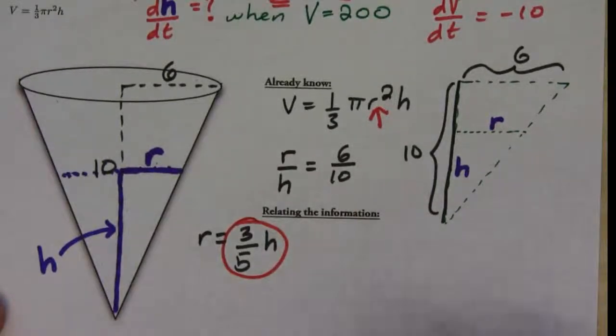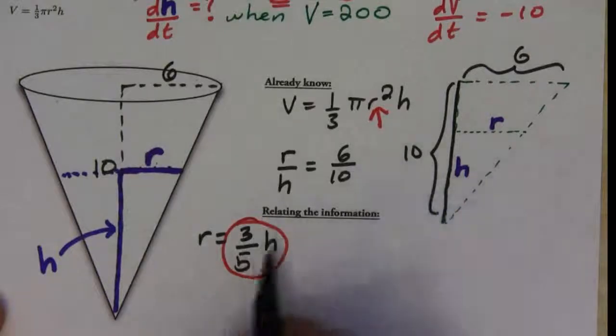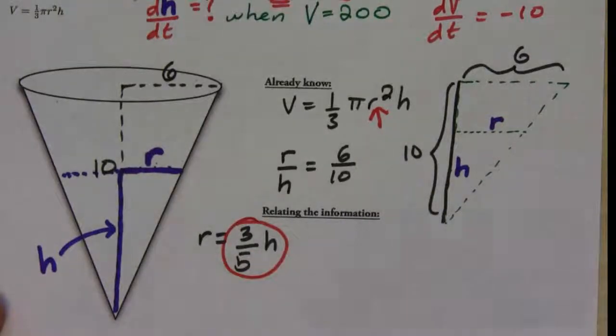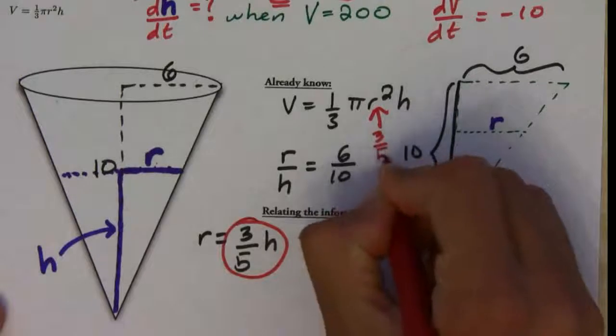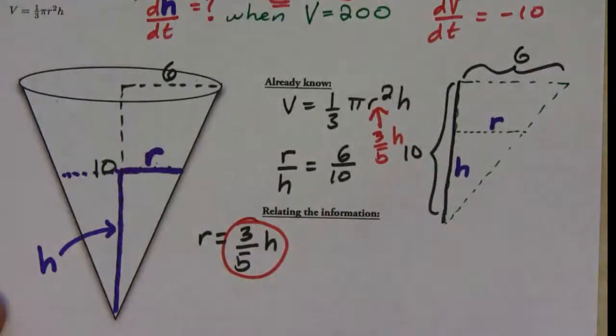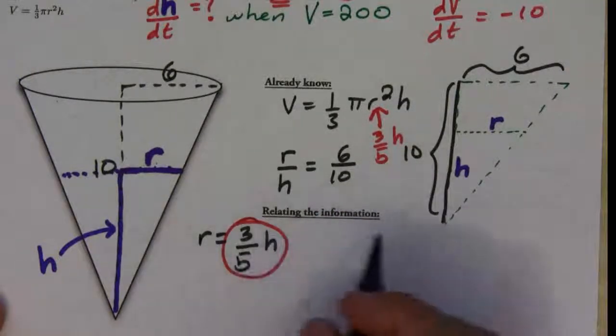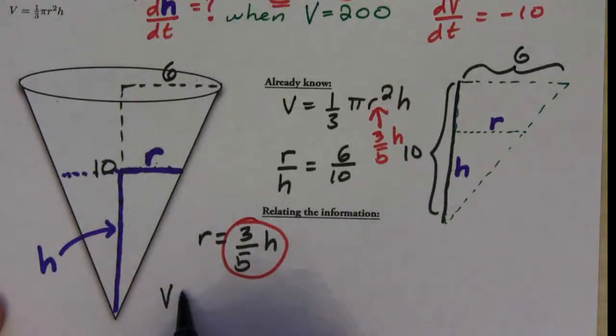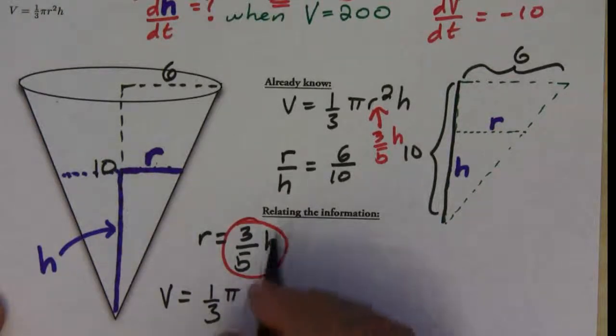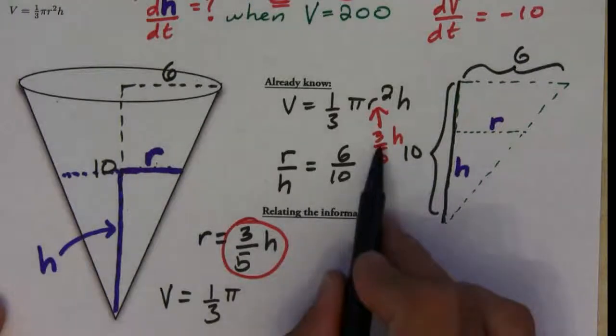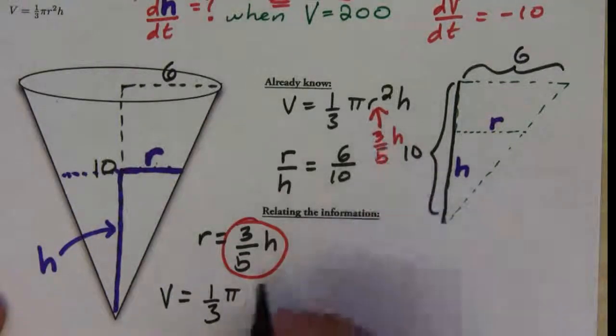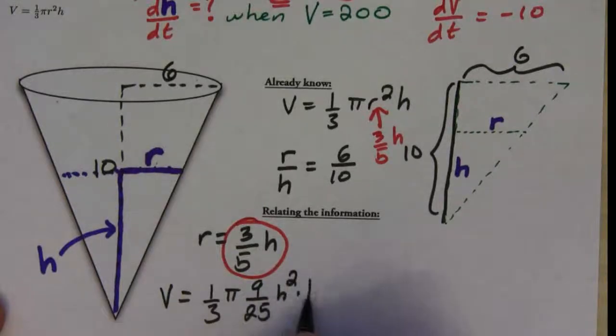Okay, so here, let me rewrite the formula. If I plug in 3/5 H into here, what I'm going to get is that the volume is equal to 1/3 pi times 3/5 H. If I square all that, I'm going to get 9 over 25 H squared times H. Okay?